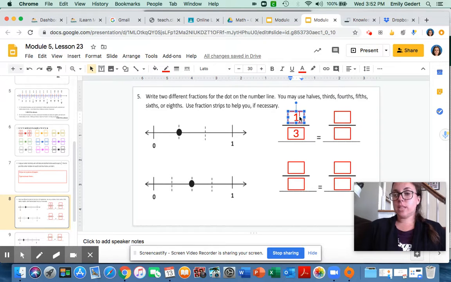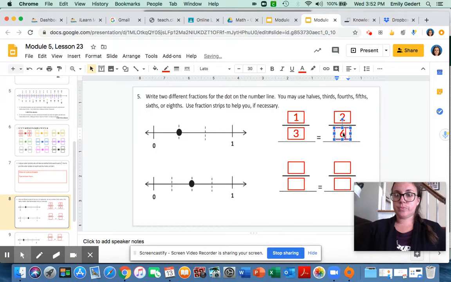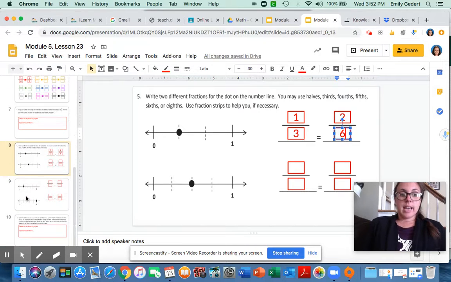And then using math, you need to figure out what it's equal to. So maybe we double it. We multiply by 2. So 1 times 2 is 2. And then 3 times 2 is 6. If you want to cut all these in half to see that it's 2/6, you can, but just do that on another piece of paper. So you're going to do that for slides 8 and on slide 9.